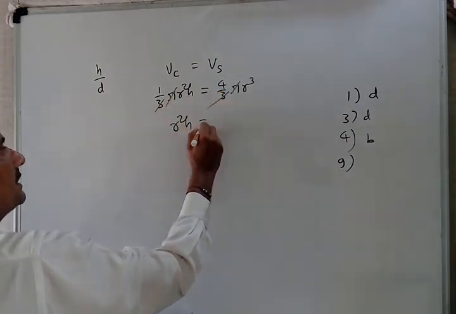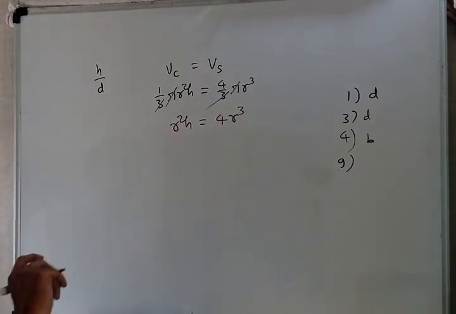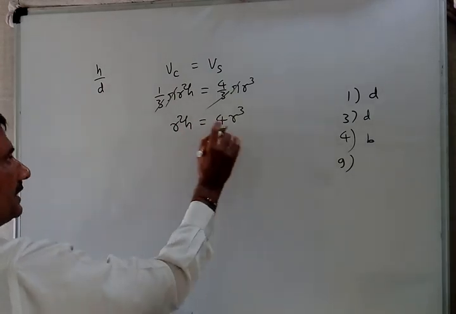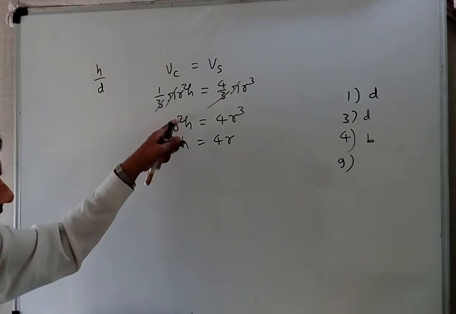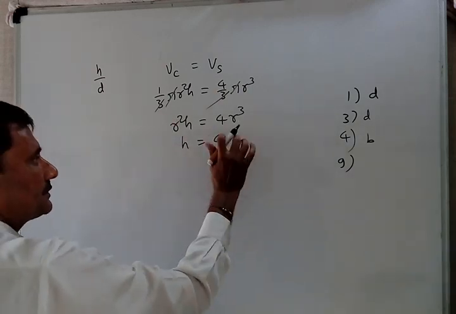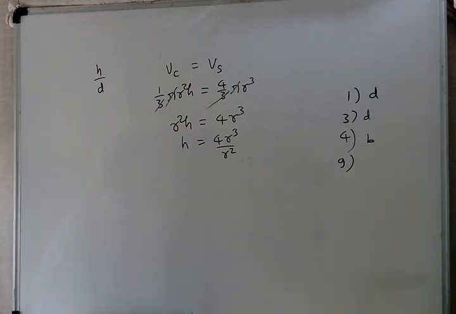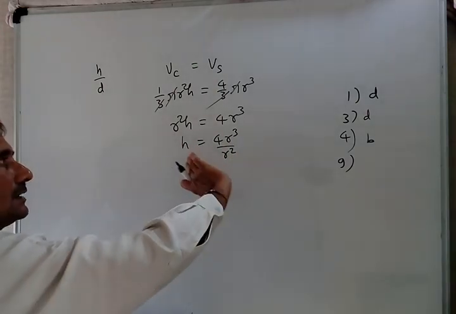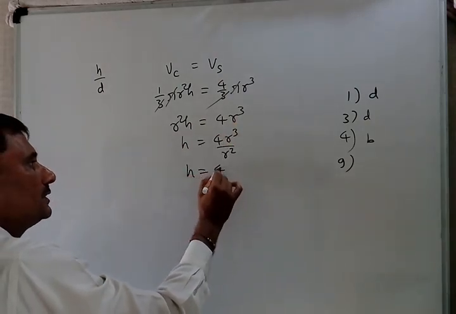R square h equals 4 r cube. Now one r is cancelled, so I just shifted r there. So here 4r is left, because r square goes to that side, so it becomes r cube upon r square. Because the same variable is there, I just shifted r towards the right side. So it becomes 4h equals 4r.